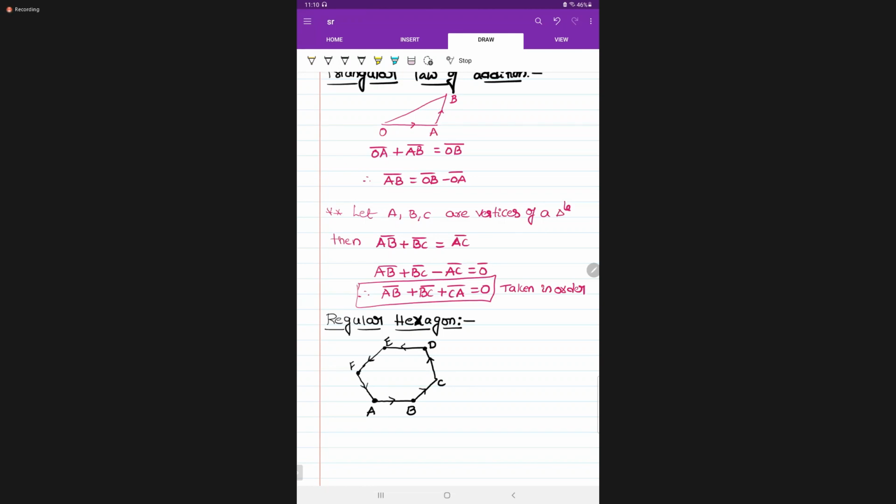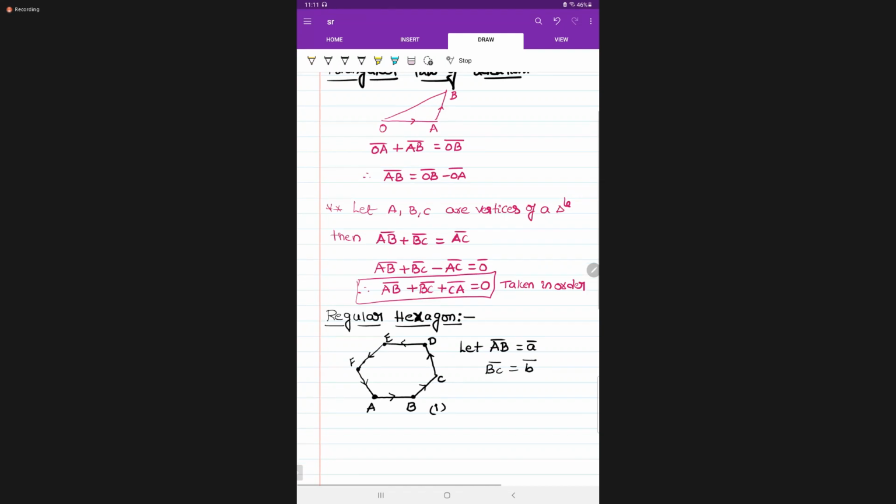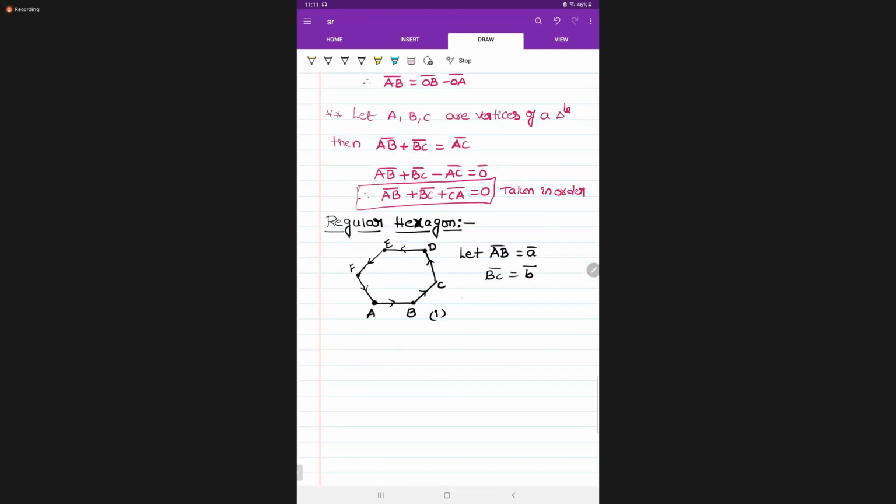So from this, let AB bar be equal to A bar, and BC bar is equal to B bar. So first point, I want AC bar plus BC bar is equal to, tell me, students.